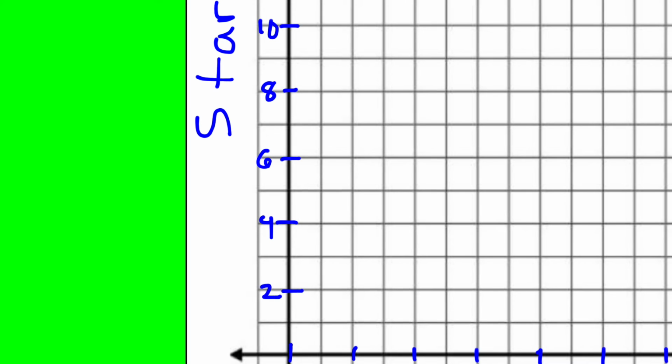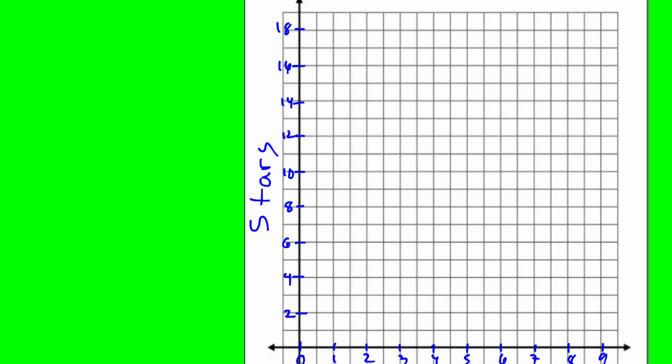And then we're going to have a nice consistent scale in our graph. 5, 6, 7, 8, 9, 10. I guess I could label every line, but then it gets really, really busy with numbers. 12, 14, 16, 18. And there's our y-axis.